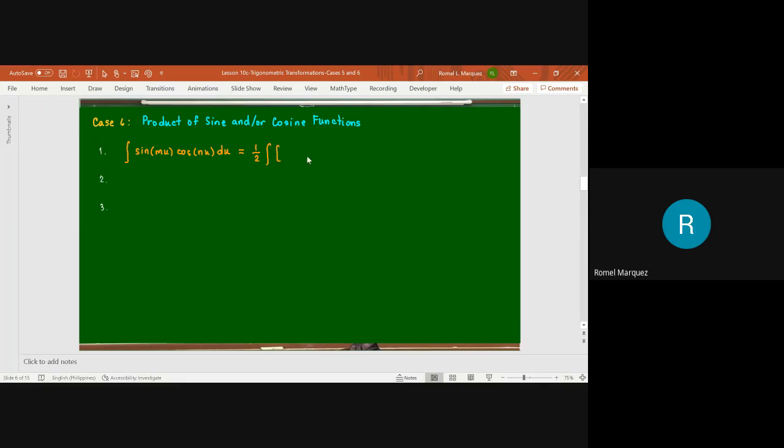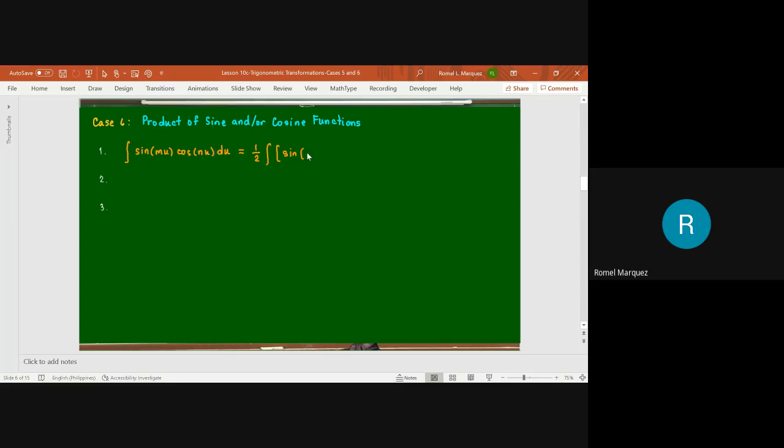How to convert this product into sum? Product to sum identities. We have sine of the first minus sine of this argument minus this argument.